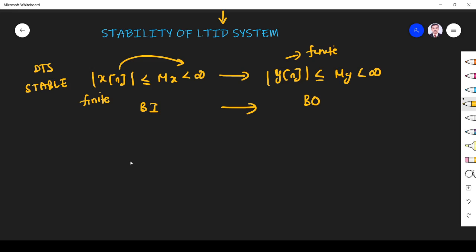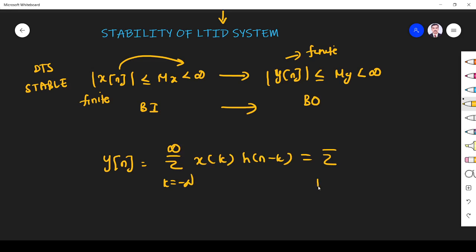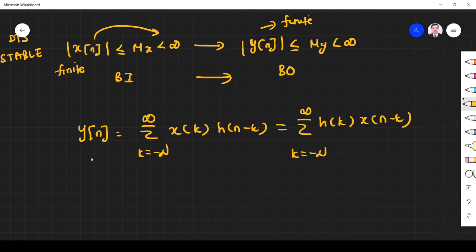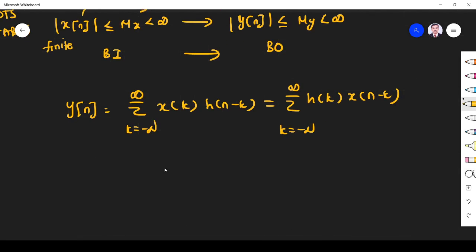For any LTI system, the output is summation k goes to minus infinity to plus infinity x of k h of n minus k. As per the commutative property of convolution, I can write summation k goes to minus infinity to plus infinity h of k x of n minus k. Now you take this one and find the magnitude, as we want bounded output. I want mod y of n.